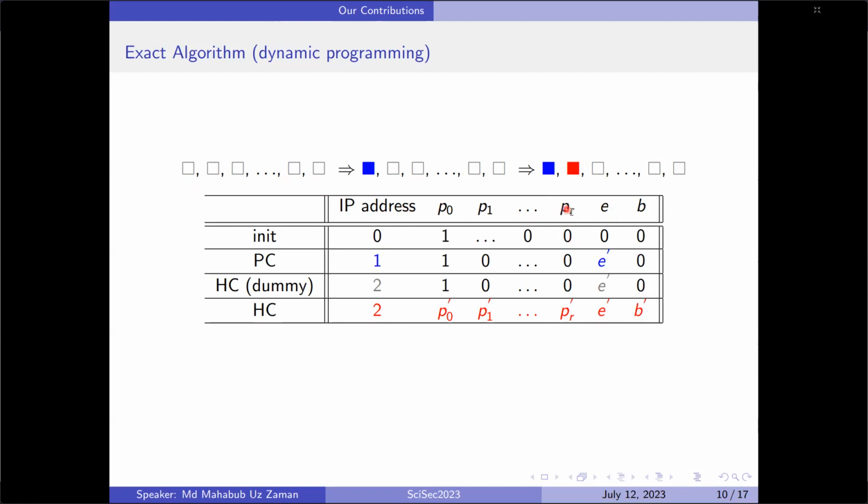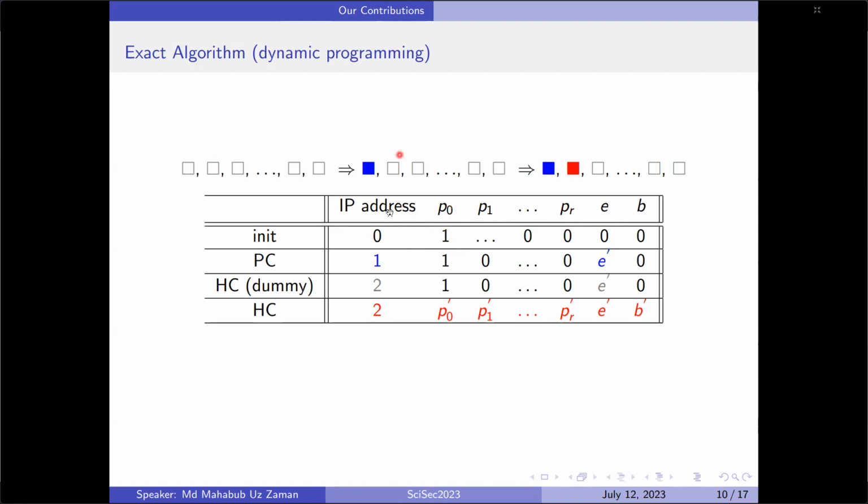So when PR equals 1, it means that the attacker has lost all of its tools. When P0 is 1, it means that the attacker doesn't lose any of its tools, so it can continue attacking. And E is the expected loss and B is the incurred cost. For example, initially the attacker hasn't started attacking, so everything is 0, but for P0, there is no tool exposed. That's why the probability P0 is 1.